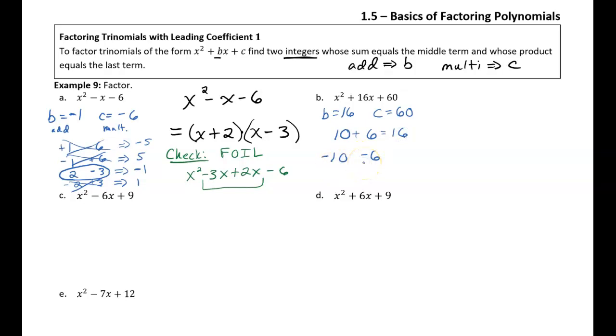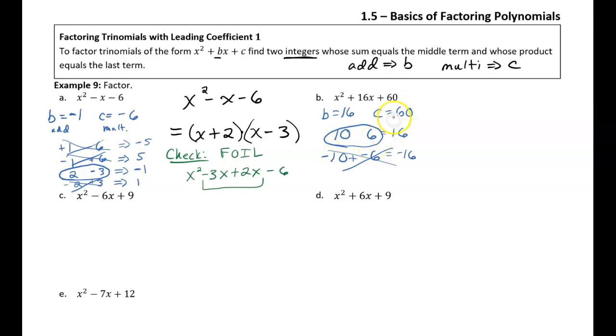Would my other values work as well? Let's check. Negative 10 plus negative 6 gives me a 16, but it's negative. So while I have the right value, the sign is different. It looks like the values I'm going to use in my factorization are 10 and 6.